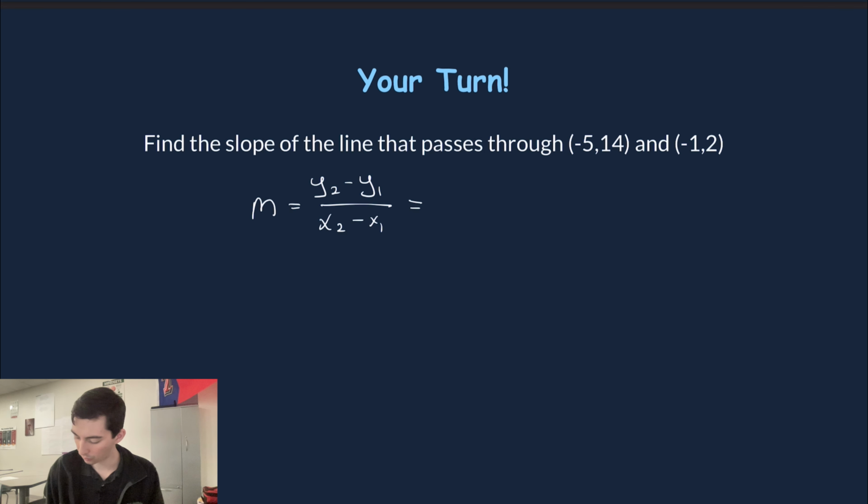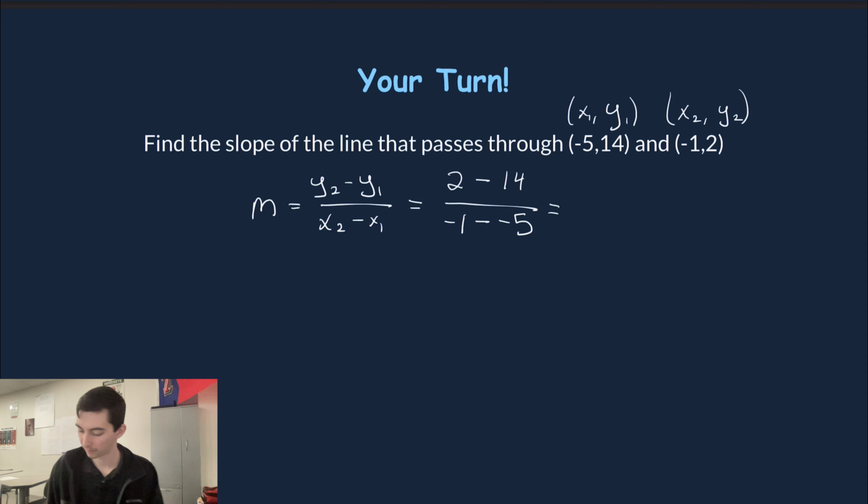And so we're going to set up, let's call this x1, y1, and this can be x2, y2. And so now my y2 is 2 minus my y1 is 14 over x2 is -1 minus my x1 is -5.